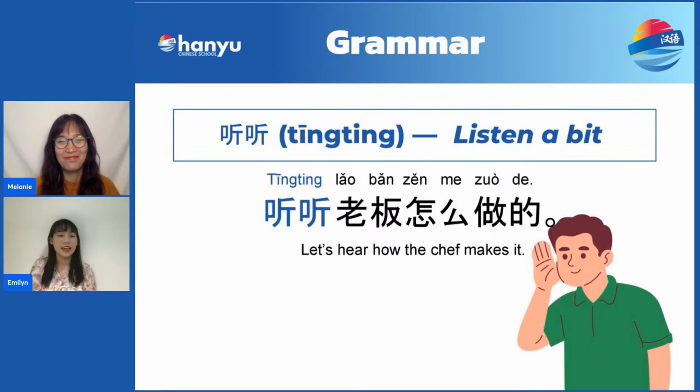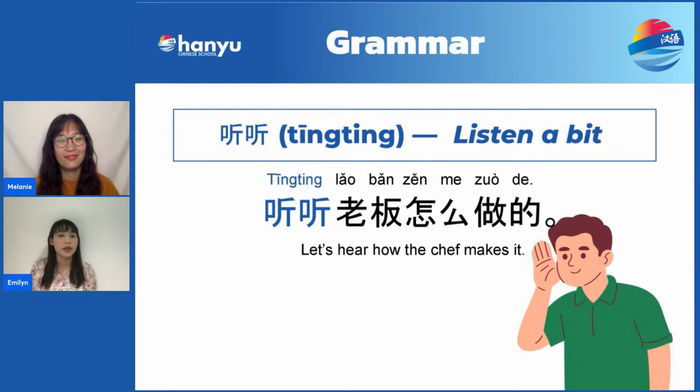The second one we hear in the dialogue is 听听, listen a bit. 听听老板怎么做的. Let's hear how the chef makes it. So 听听 often softens the idea. It's not about a serious conversation, just listening out of curiosity. In this sentence, 听听老板怎么做的, it means try to listen to it a little bit.